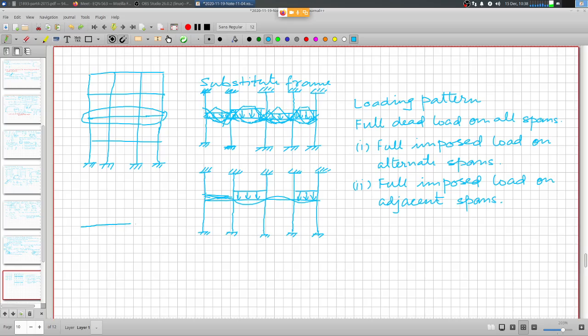So I guess this matter has been covered by Digvijay, the lateral load analysis.